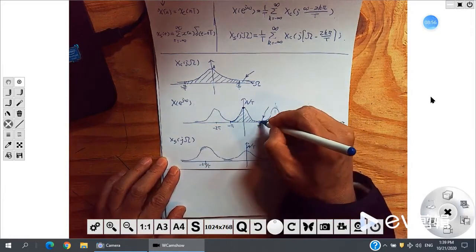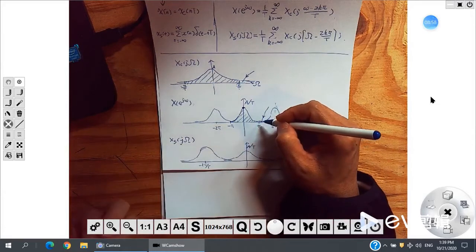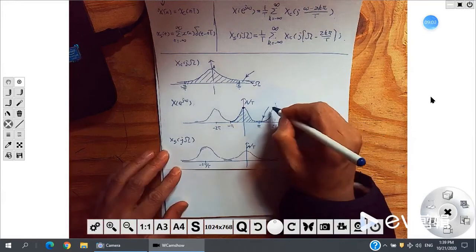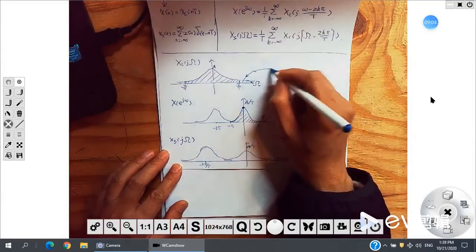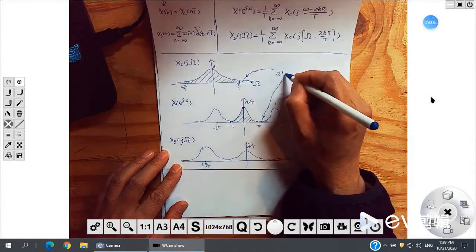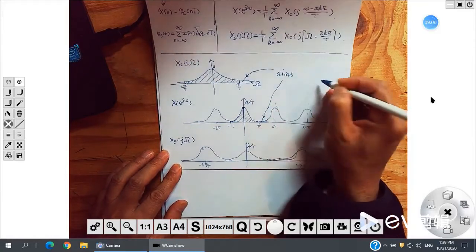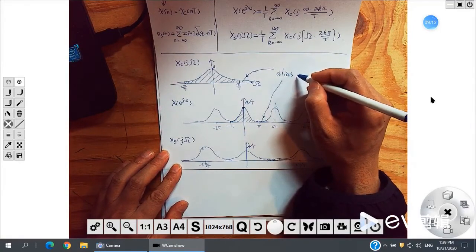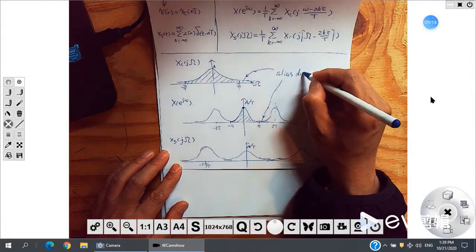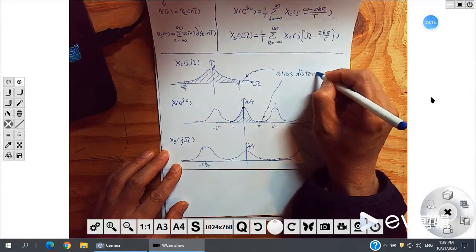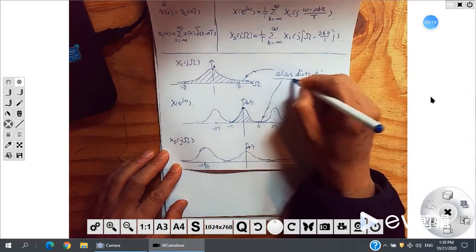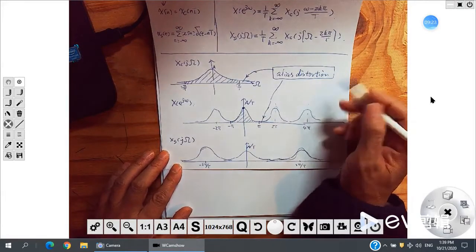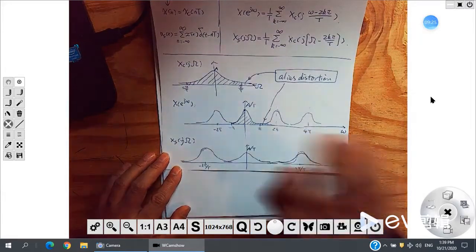This one will cause you to lose some information, or change some information of the original signal. So this part we call alias, it's a distortion. When you take samples in the time domain, you pick some values and drop the rest, right?